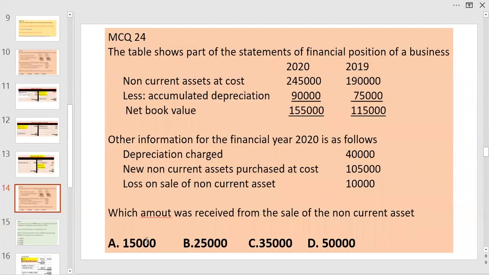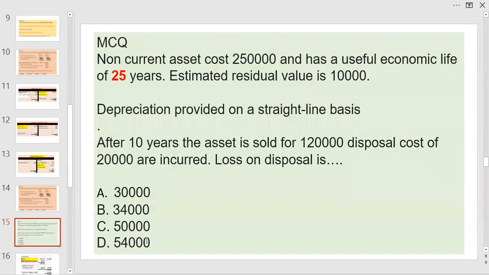Now the next question: non-current assets 250, usual economic life 25 years, estimated residual value 10. Depreciation provided on a straight line basis. Note, straight line basis. After 10 years, the asset is sold for 120, disposal cost 20 are incurred. Loss on disposal is? 4 answers are given.